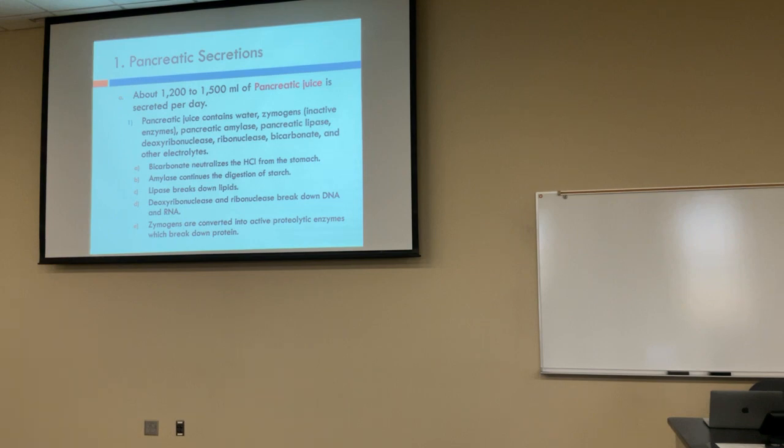It also produces a large amount of bicarbonate. And that bicarbonate is important because that's what neutralizes the acid from the stomach. So if your pancreas didn't produce bicarbonate, then the stomach acid would eat away at your small intestines and would cause ulcers, which could become infected and could cause a serious infection.